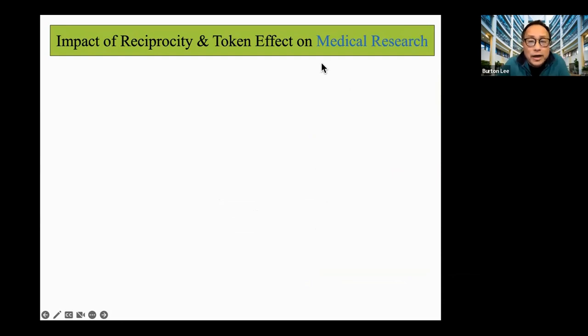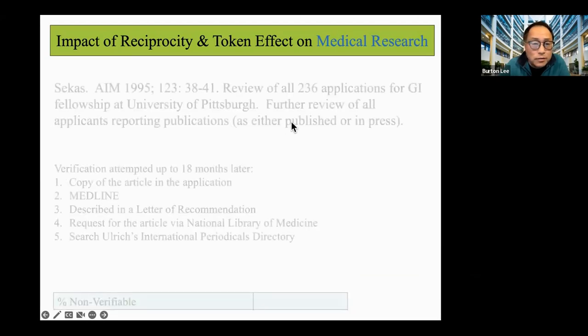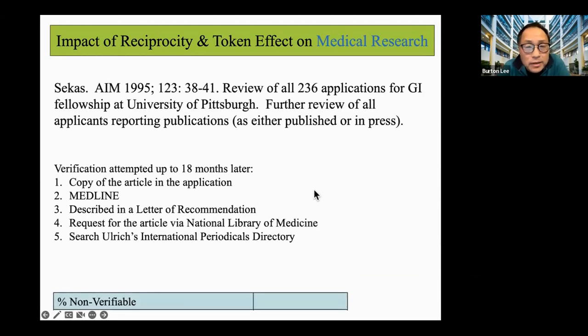Let's get into some of the other examples now for medical research in particular. So here's a very interesting paper that I think is worthy to bring out. This paper comes from the University of Pittsburgh, and is looking at applicants who are applying to the GI fellowship.